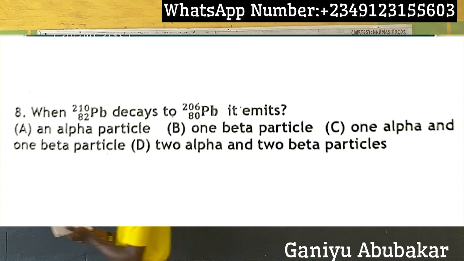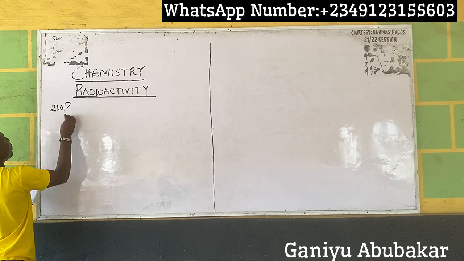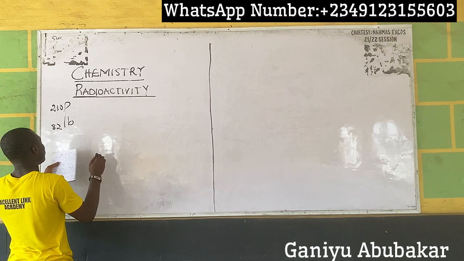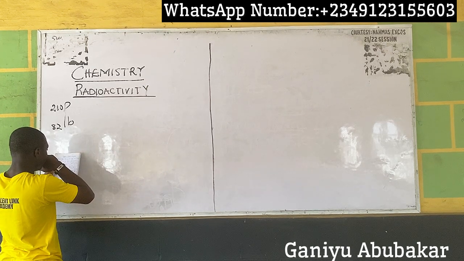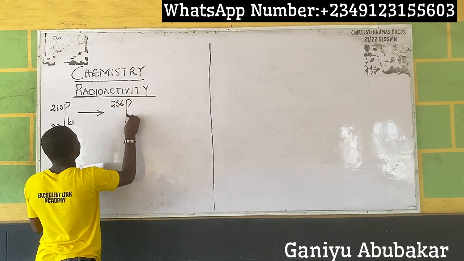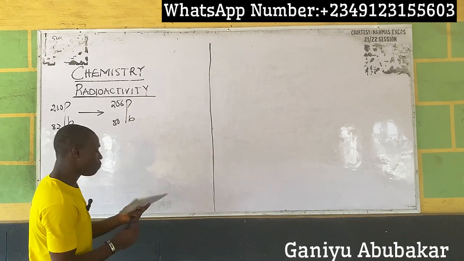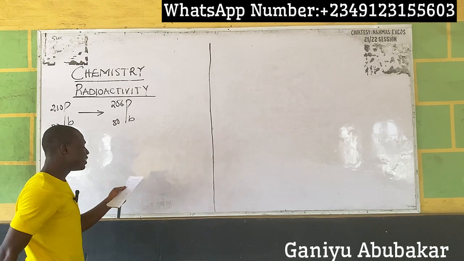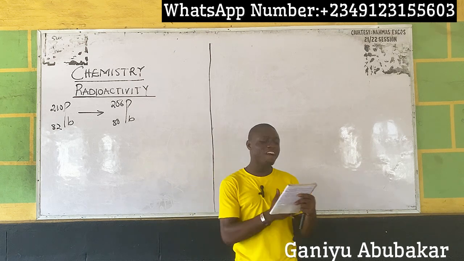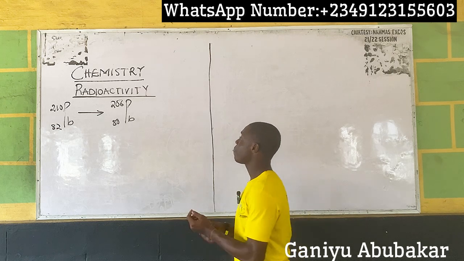I have Pb-210 with 82 decaying to emit something plus Pb-206 with 82. I'm asked to find if this equation undergoes one alpha particle, or one beta particle, or one alpha and one beta particle, or two alpha and two beta particles. How do I know? Observe this, please.